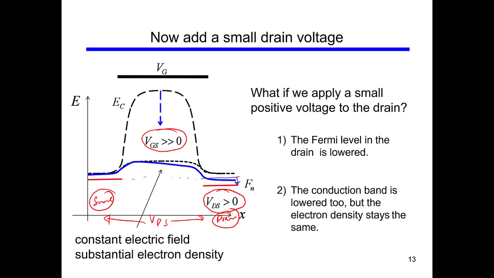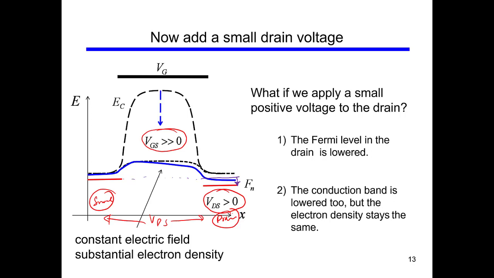Why has it gone down? Because whenever you apply a positive potential, the energy of electrons will be reduced, because the positive potential pulls them into a potential well. It lowers the energy of electrons. So that's why the Fermi level has gone down.